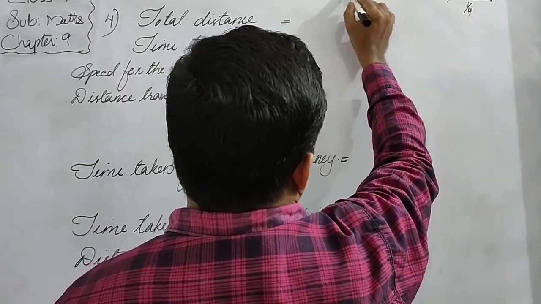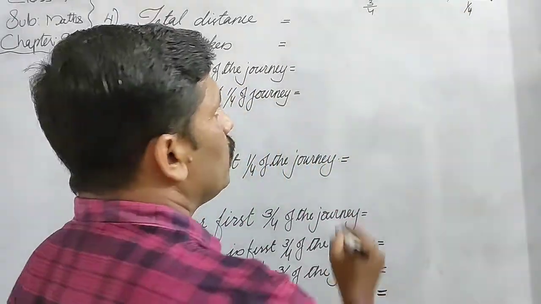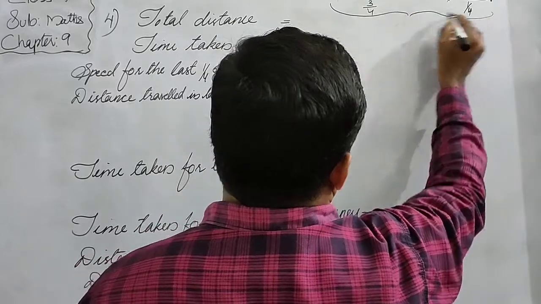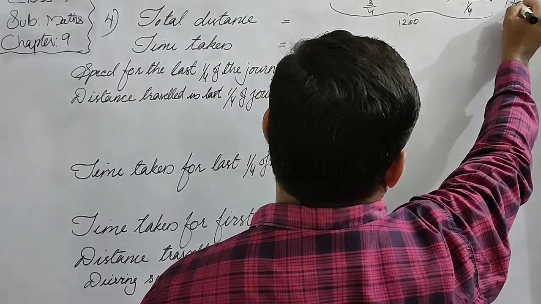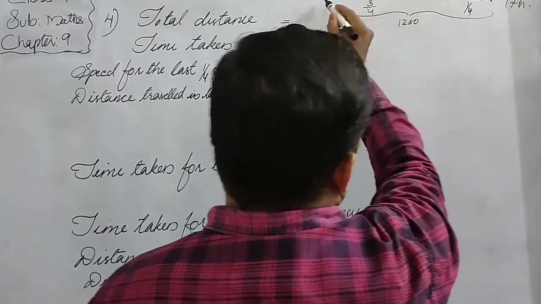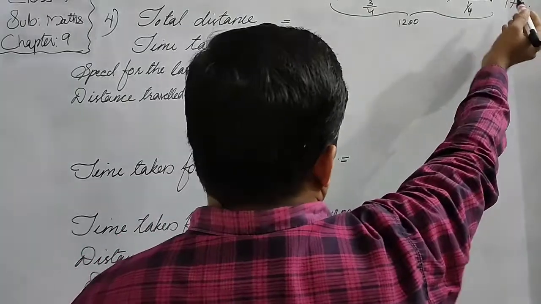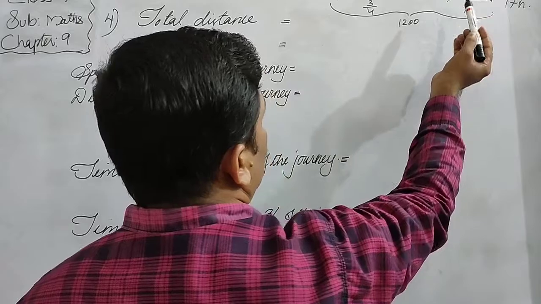And what was his speed for this first 3/4 of the journey? Total distance from here to here is 1200 kilometers, and total time 17 hours. In order to cover 1200 kilometers, he took 17 hours. And last 1/4 of the journey his speed was 60 km per hour.